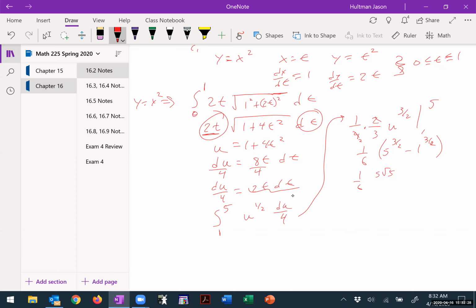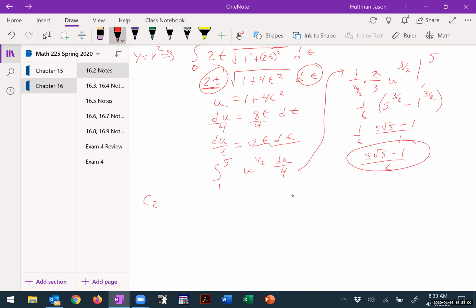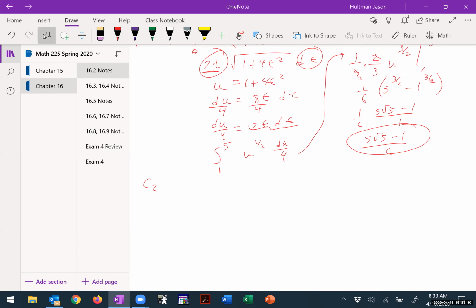So what I need to now do is find the line integral for C2, the second part of my line, or my line in quotes, my curve. For the second part of my curve, C2, we've got to now parameterize the line x equals 1. So how are we going to parameterize x equals 1?